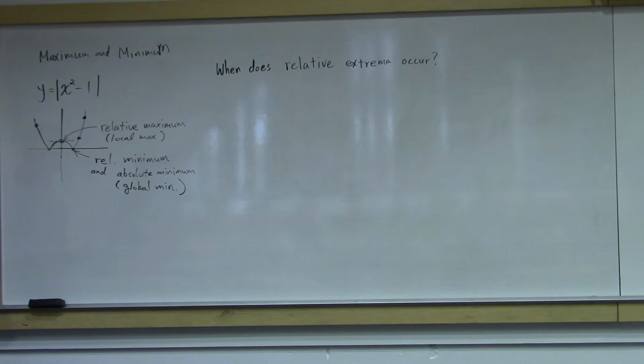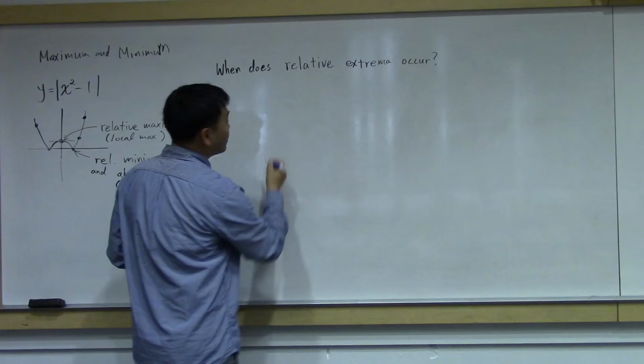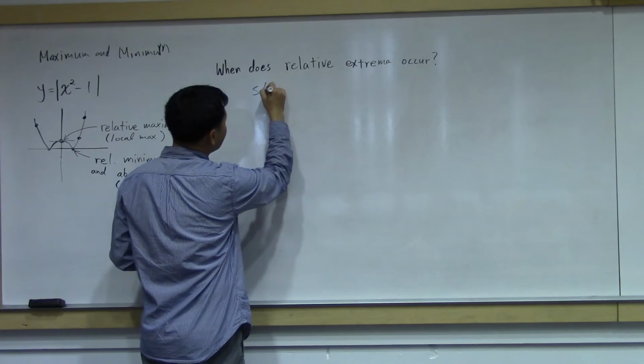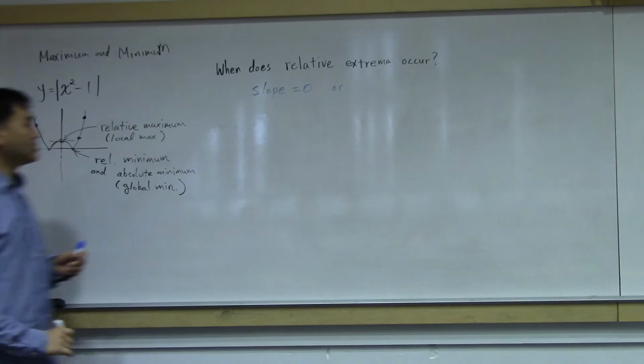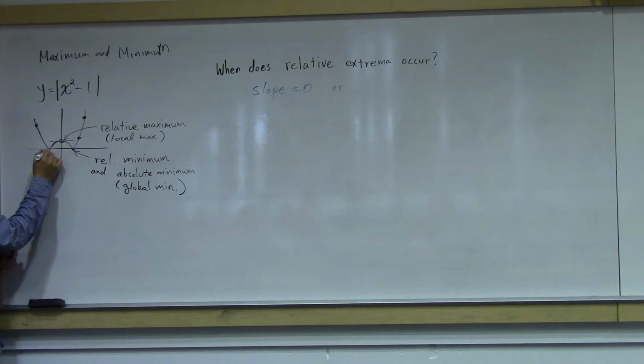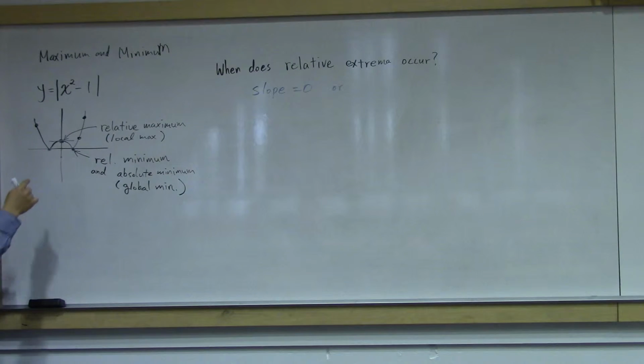So either the slope is 0, or what else happens? Like this point. Do you have a tangent line here? It's a cusp, right? It turns sharply. So it really doesn't have a tangent line defined at these points.